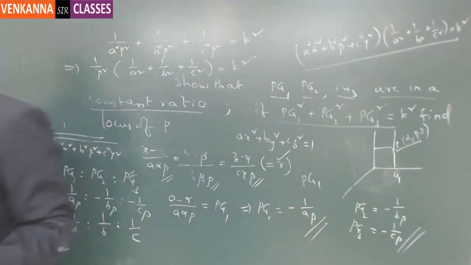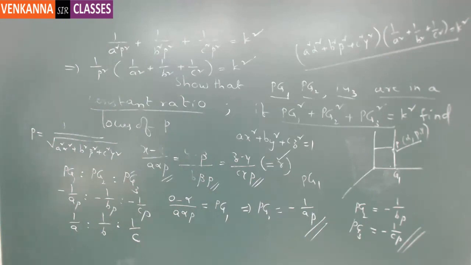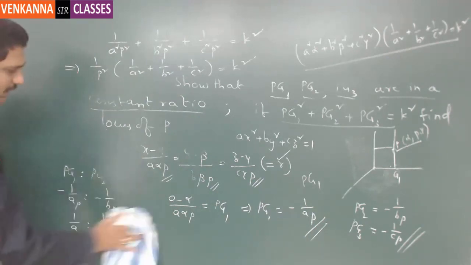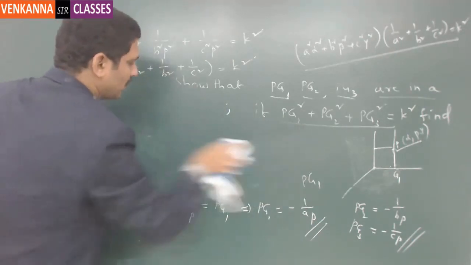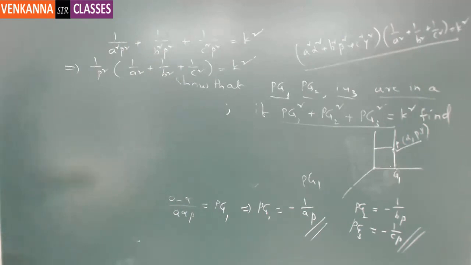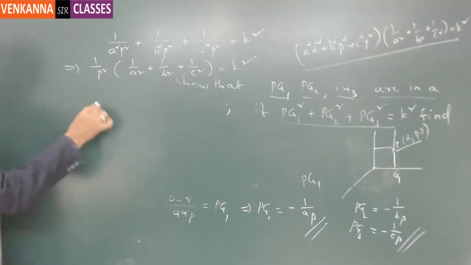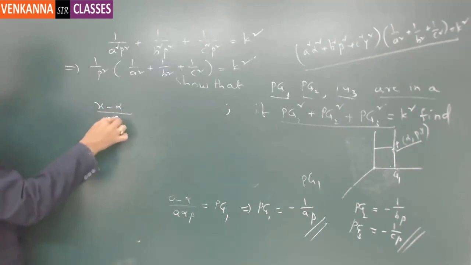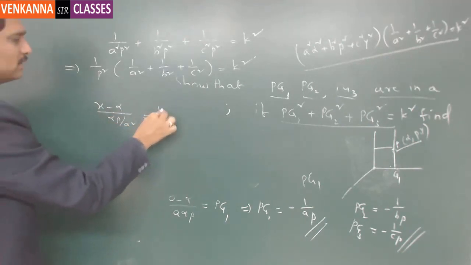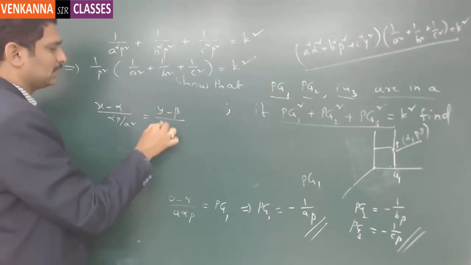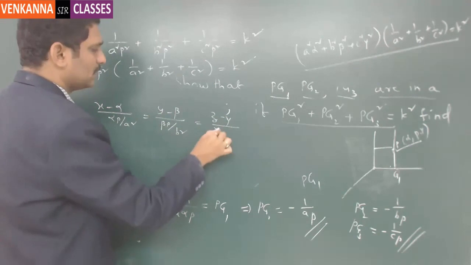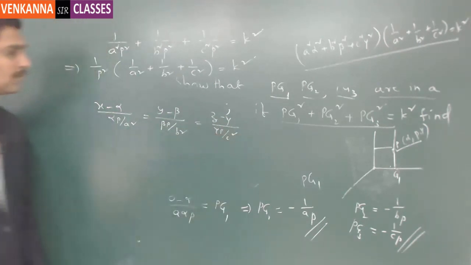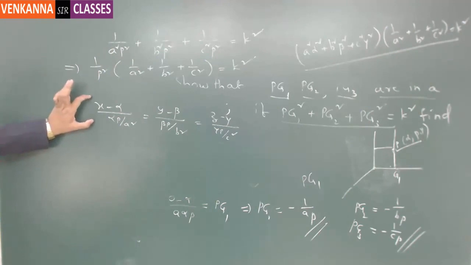How are we going to do it? I will just write the equation of the normal. For the ellipsoid, the equation of the normal is (x minus alpha) by (alpha p by a square), (y minus beta) by (beta p by b square), (z minus gamma) by (gamma p by c square). This is the normal equation for the ellipsoid.